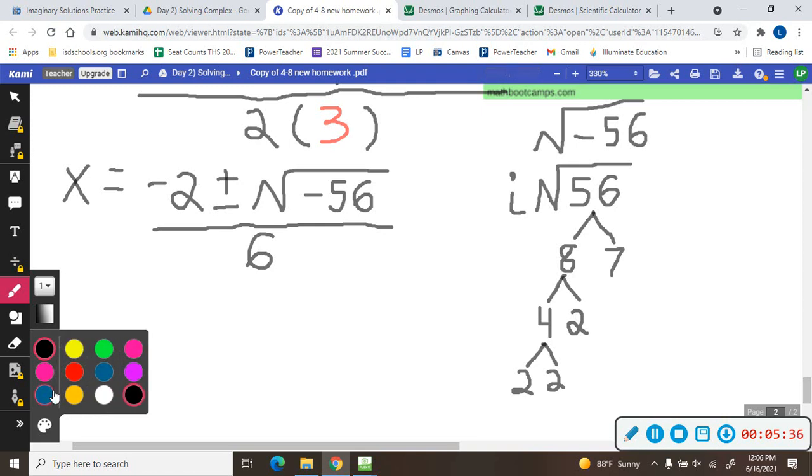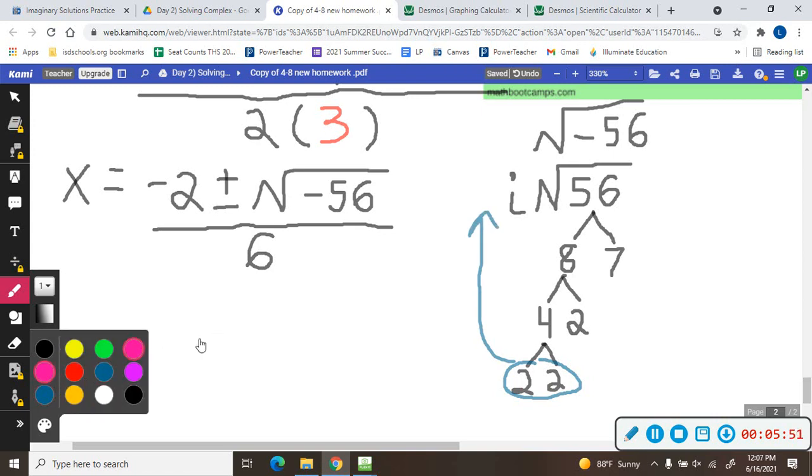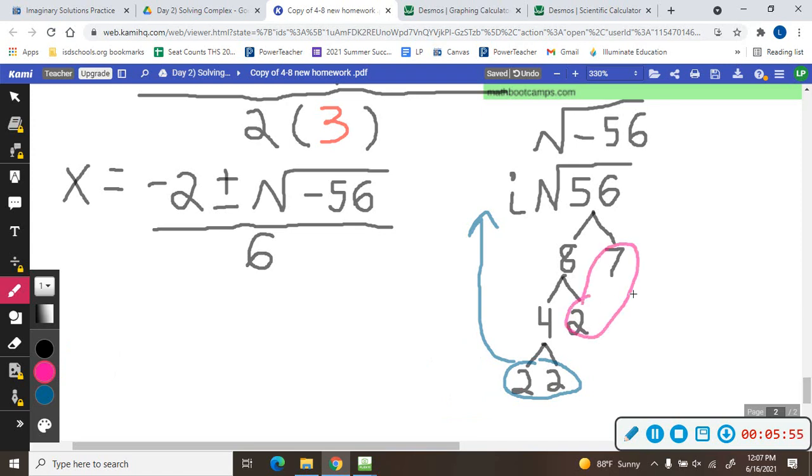And what you're looking for is pairs of numbers. I have 2, 2, 2, 7. So one 2 comes out from this group. And then the 2 and the 7, you multiply those because they don't have pairs, and they stay inside.